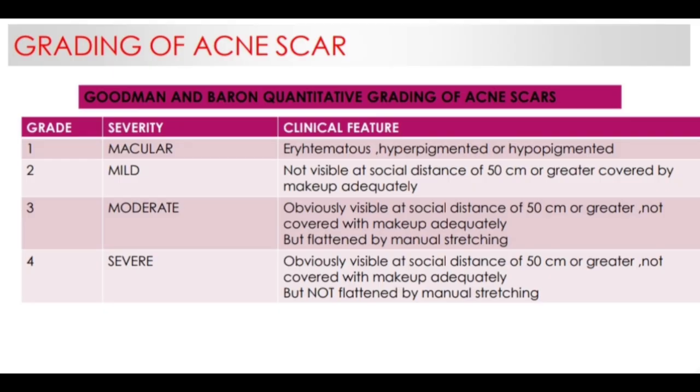Grade 3 is moderate severity, which is obviously visible at a distance of 50 cm or greater, but when the scar is manually stretched, it disappears or flattens, and it is not adequately covered with makeup. Grade 4 is a severe scar, which is obviously visible at a distance of 50 cm or greater. When we try to manually stretch the scar, it won't disappear or flatten, and it can't be adequately covered with makeup.